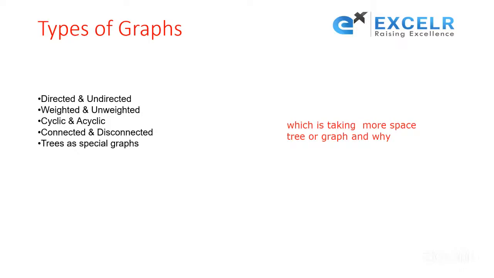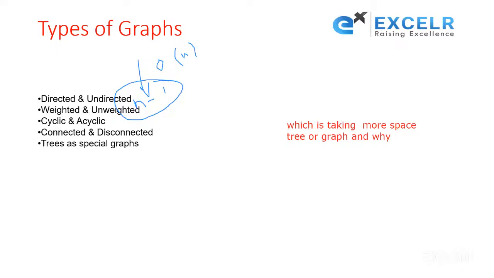In a tree, you can have only n minus 1 edges, isn't it? So we can represent this using adjacency list and the complexity would be simply order of n.